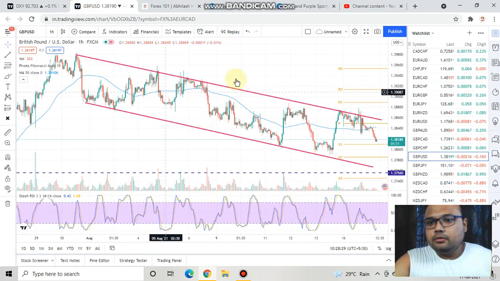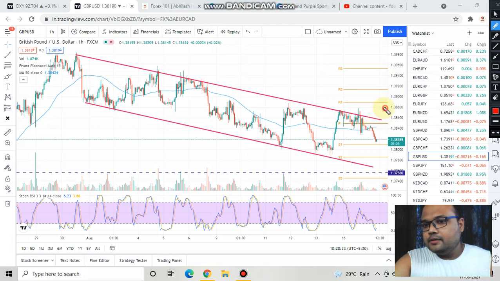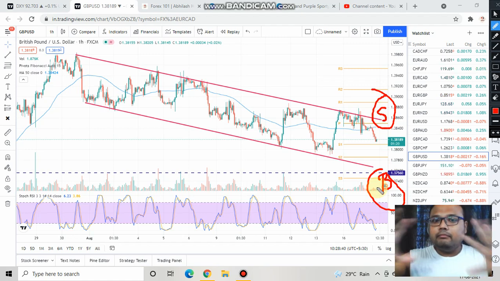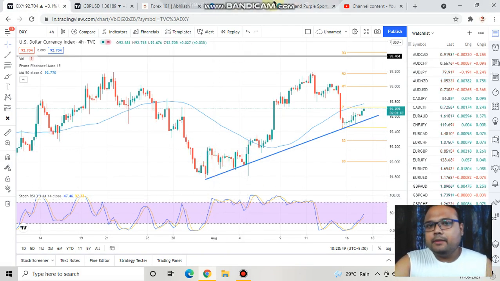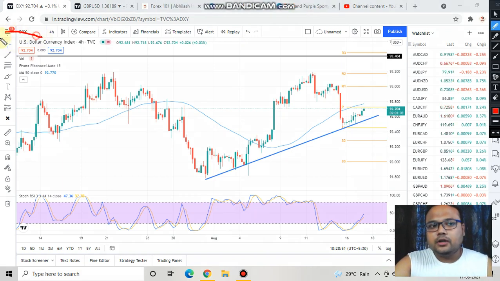Okay. So you have understood what you need to do here. Short the market here and obviously go for a buy here. And if you want to go into more detail about the movement, then just go to the chart of DXY here. Just keep in mind that it is the US dollar DXY chart.